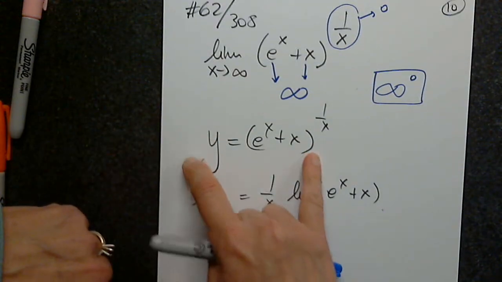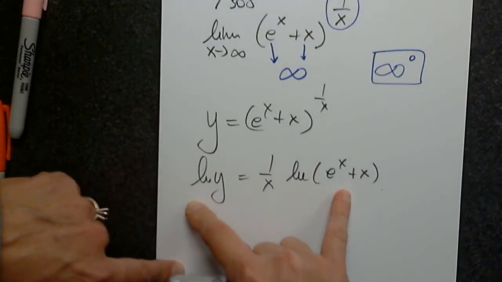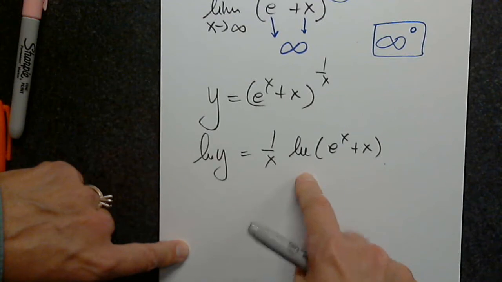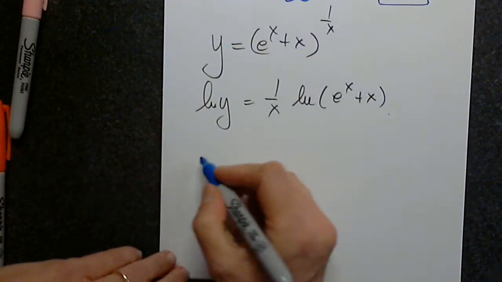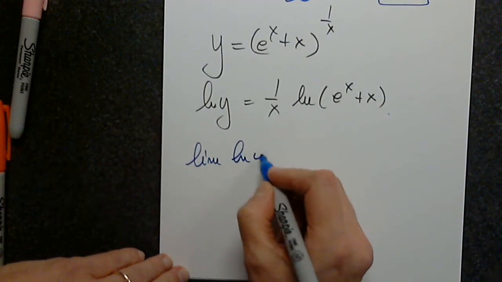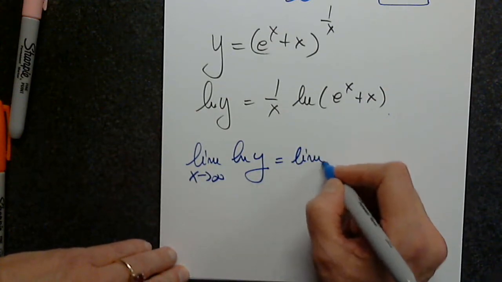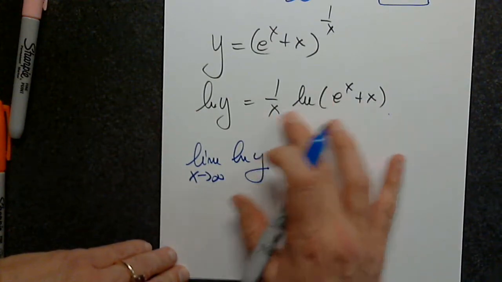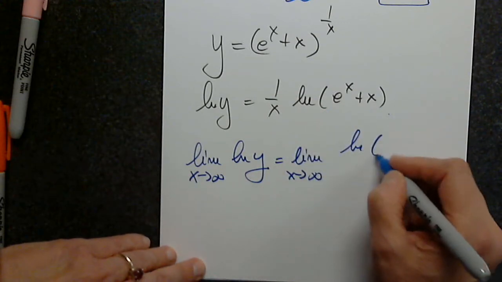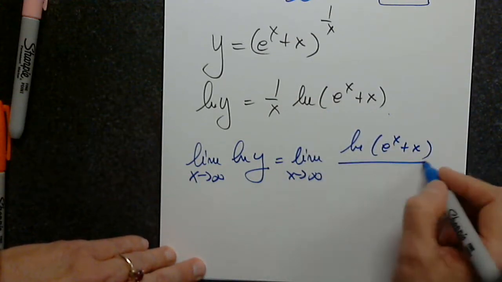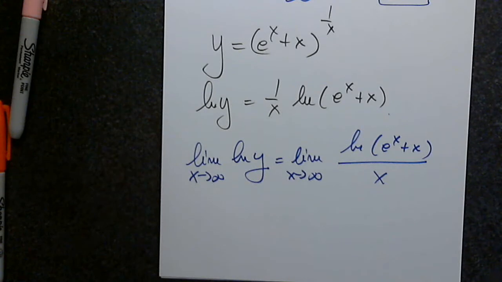So once we apply log to both sides, we have this, and we have to apply limit to both sides now. So the limit of natural log y when x approaches infinity is the limit as x approaches infinity, and I'm going to write it as a fraction, of natural log of e to the x plus x over x. And yes, I know this is not what we are asked to do, but we have no choice.